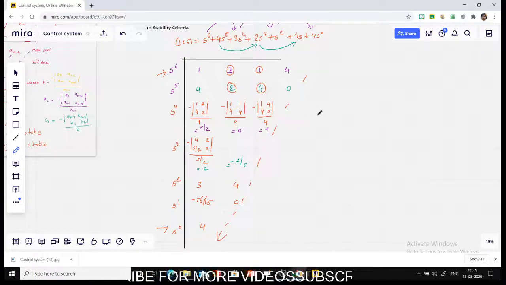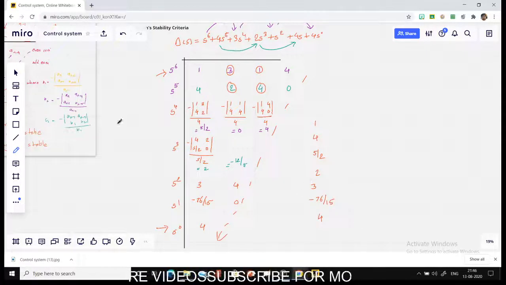Let us write the terms of the first column. I have 1 in the first row, 4 in the second row, 5 by 2 in the third, 2 in the fourth row, 3 in the fifth, minus 76 by 15, and then 4.